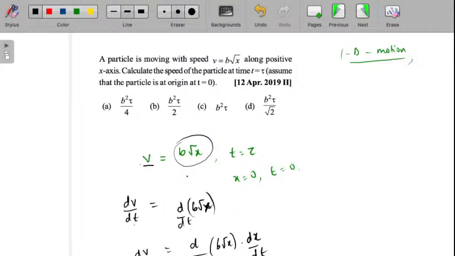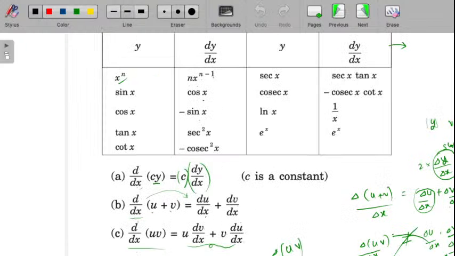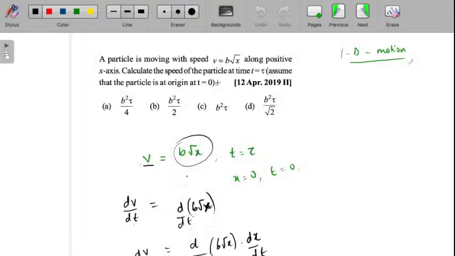If we refer to our table that we have already looked at, whenever I have y as x power n, dy by dx is supposed to be n x power n minus 1. So let's use that here. Because I already have x power 1 by 2, d of x power 1 by 2 by dx is going to be n, which is 1 by 2, x power n minus 1, which is 1 by 2 minus 1. That is going to be 1 by 2 root over x.